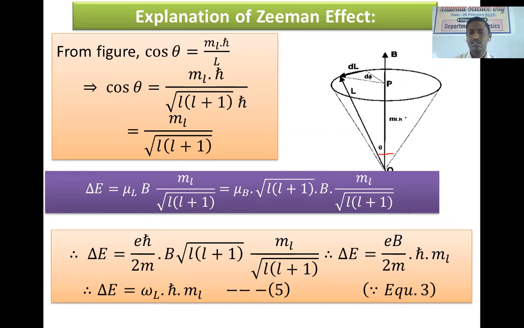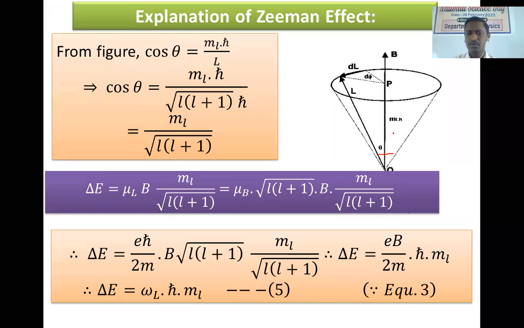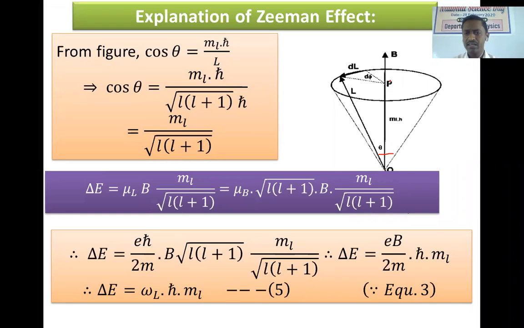Now here there is a point O, and the value of OP will be ml into h cross. Again a right triangle is produced here, with hypotenuse capital L, angle theta, and adjacent side ml into h cross.